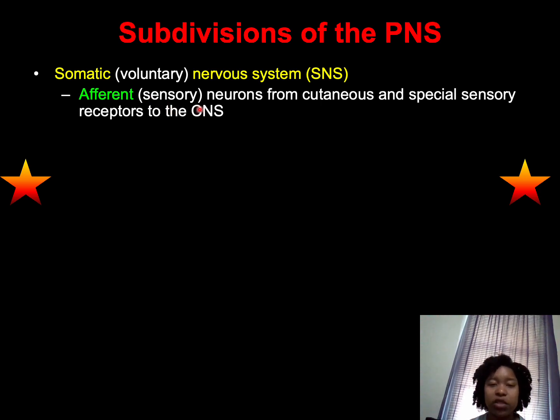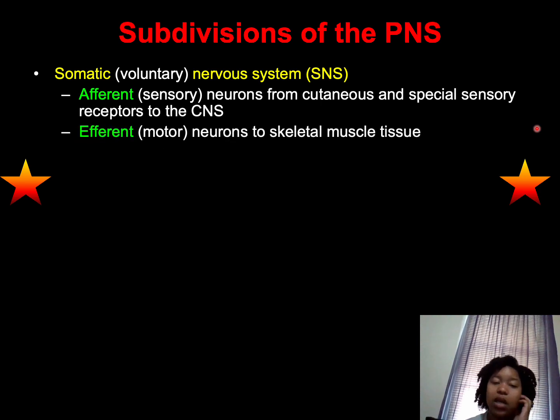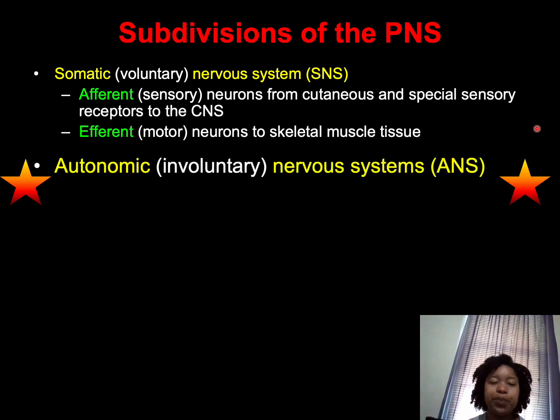The afferent fibers there, remember, afferent is sensory. These neurons go from cutaneous and special sensory receptors to the CNS. The efferent ones, the motor neurons, go to skeletal muscle tissue. Those are the ones that are innervating your skeletal muscles in order for them to move.